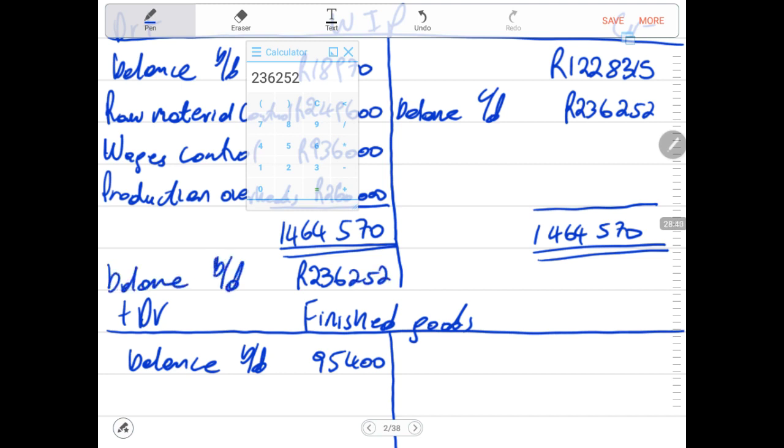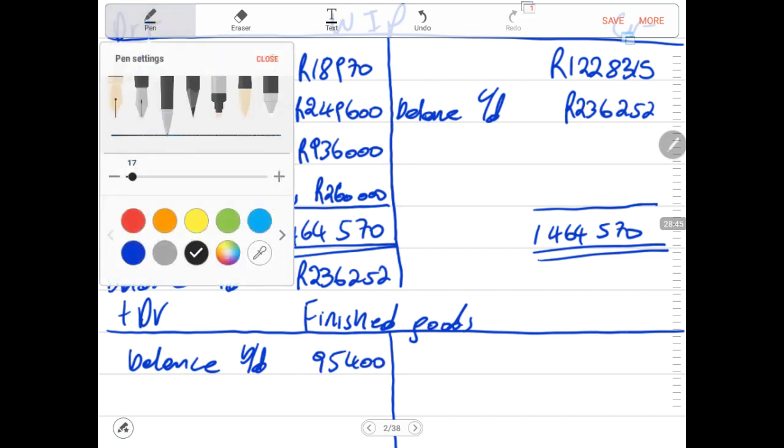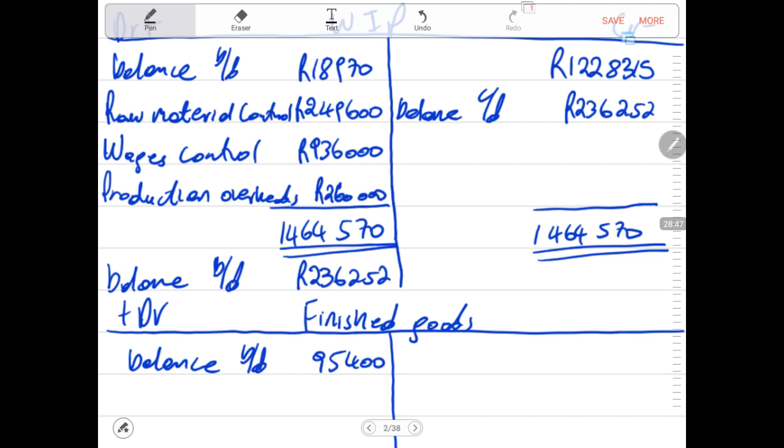I want to highlight the fact that our opening and closing balance is not classified into material, labor, and overheads, but it is the combination of all those three. Remember, during the year we put in more material. There was direct material, and we incurred direct labor, and we incurred overheads. Now the closing inventory includes overheads applied, wages, and material.